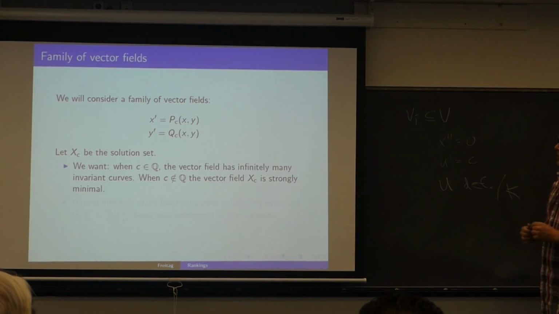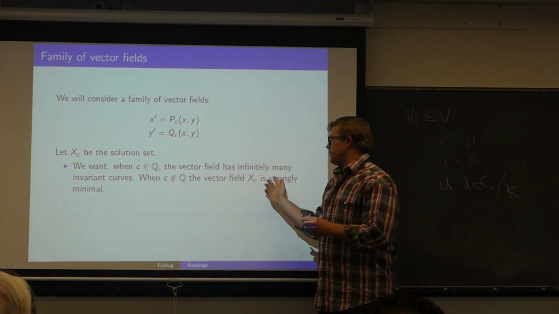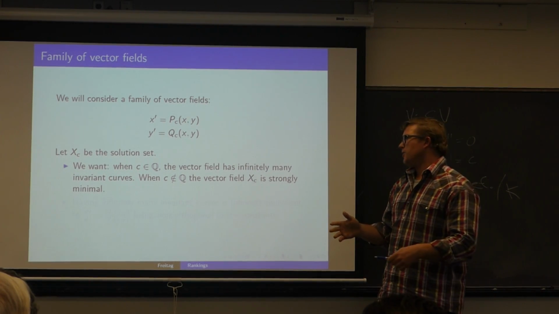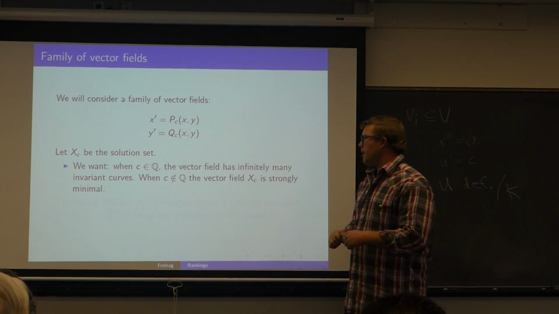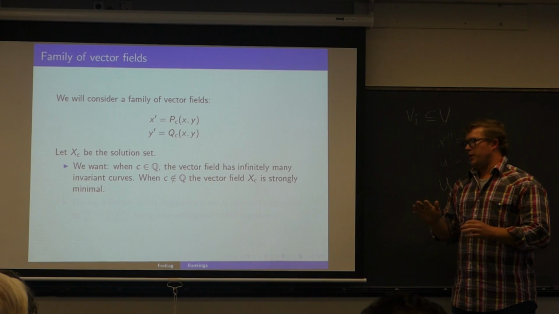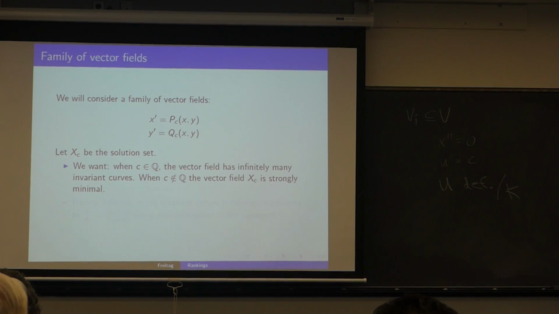What I want is, when C is in Q, I want the vector field to have infinitely many invariant curves, or D subvarieties, or Darboux polynomials, depending on what language you like. And when C is not in Q, I want the vector field to be strongly minimal, or to have no Darboux polynomials, or no D subvarieties, depending on what language you like.